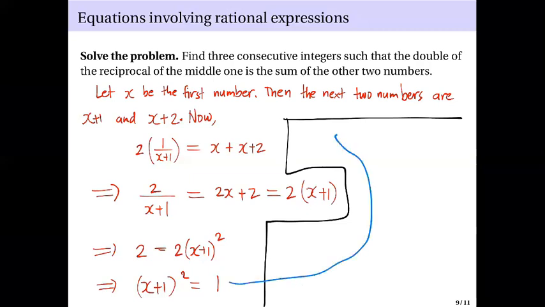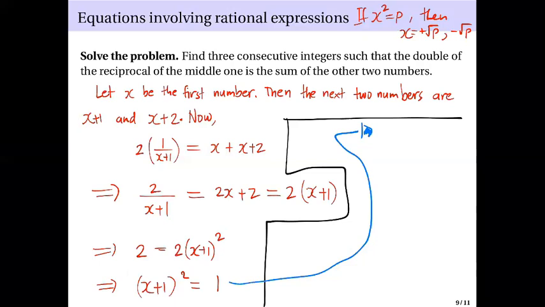So from here we take the square root. Remember one of the methods in order to solve your quadratic equation, the one in the form x squared equals p. If x squared equals p, then x equals plus or minus the square root of p. That's the same thing here.